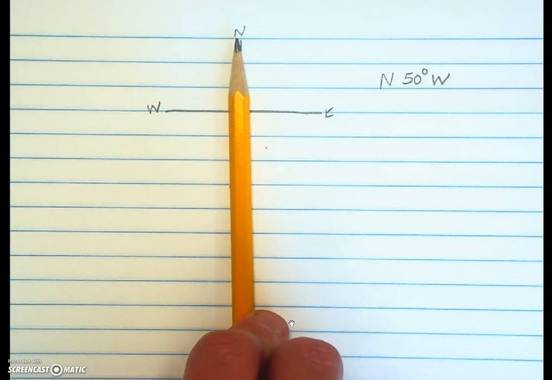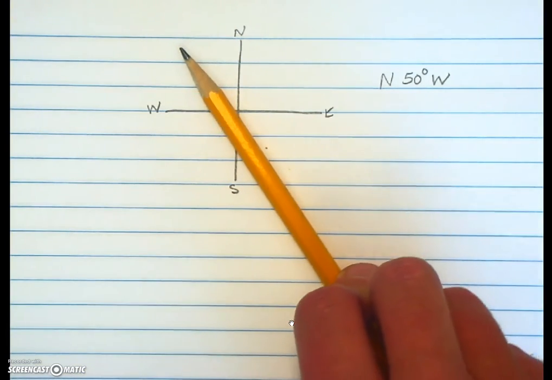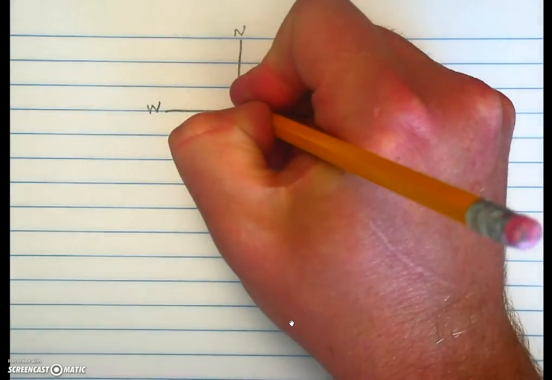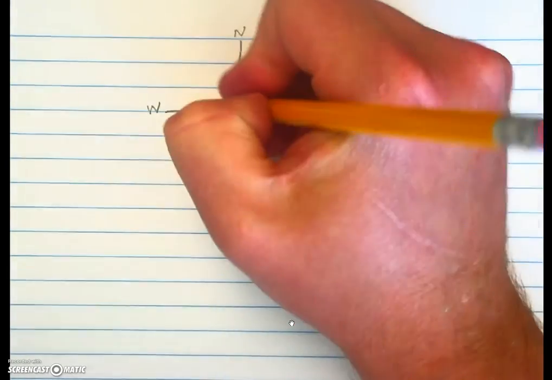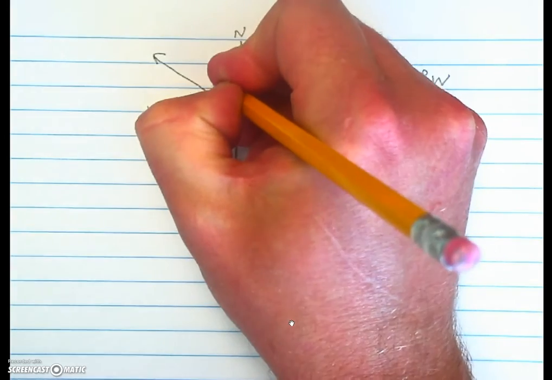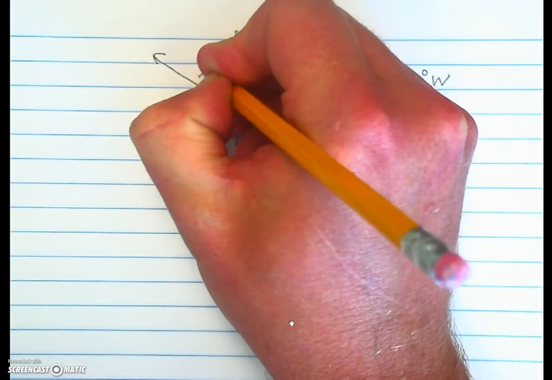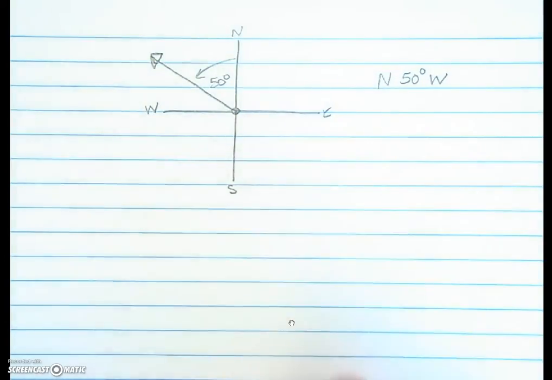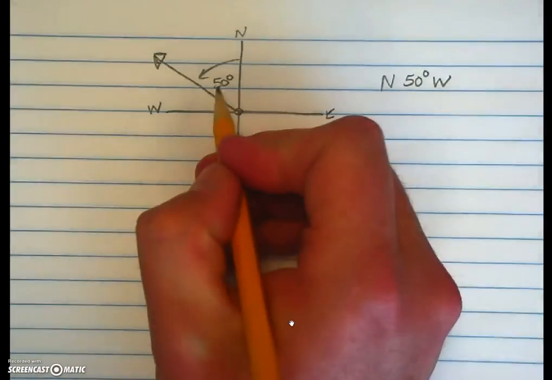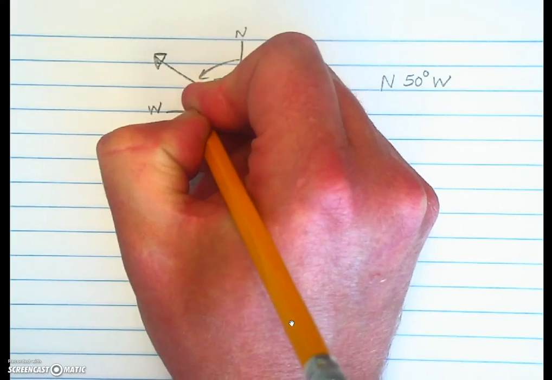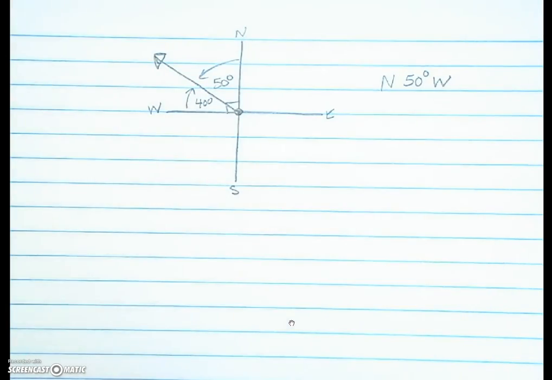Everything starts from the origin. It gives me a direction that my ship is heading in. Now, if that's 50 degrees, then I know that this angle would be 40 degrees, because those two angles have to add up to 90.